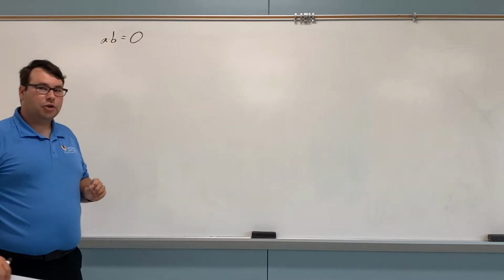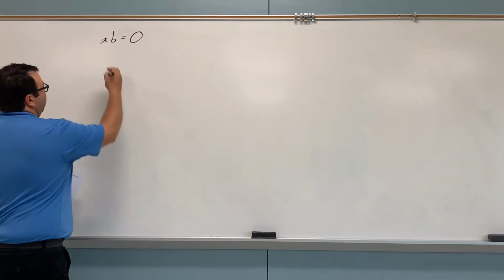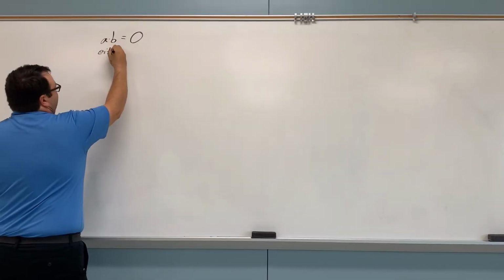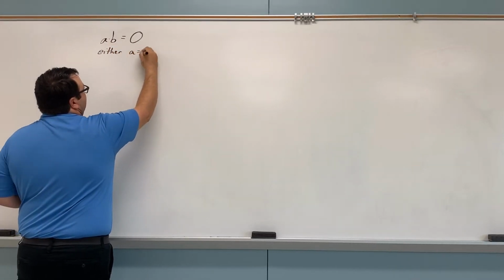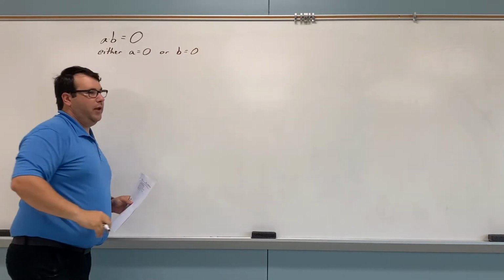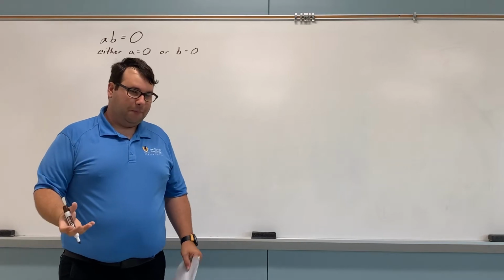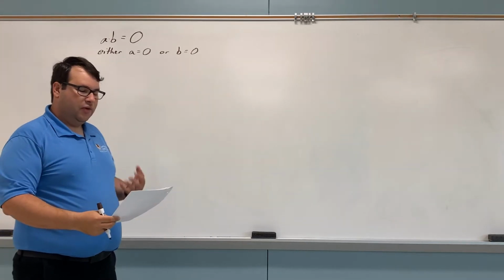But we're not quite sure which one because they are variable values. So we would say literally either A is 0 or B is 0 if we were to write it all the way out.